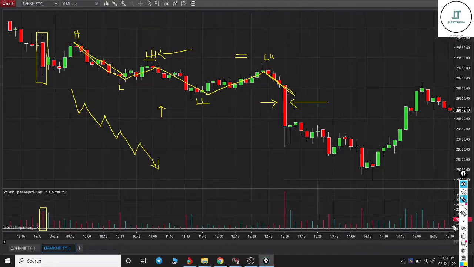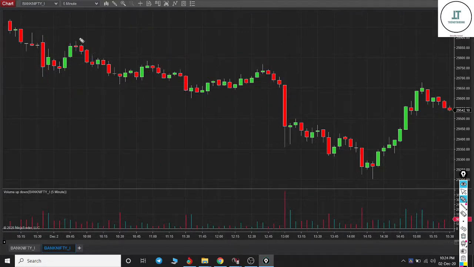The only information we have is, after this red colored candle, this high was very important. The buyers made one attempt here to push the price higher with a decent volume, though not a strong volume when compared to this red candle's volume.